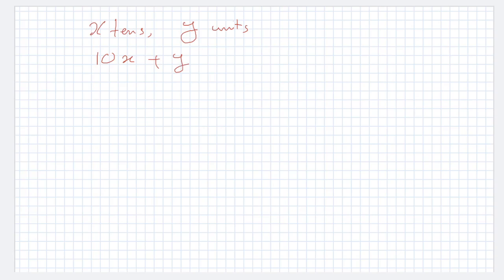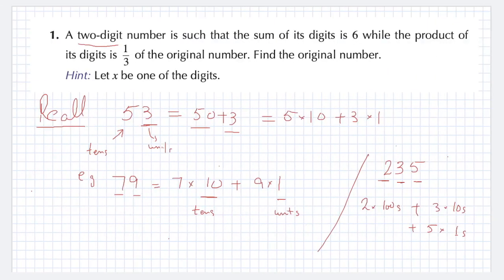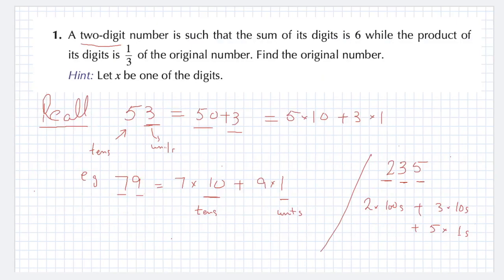We don't need to write y times 1, y is enough. So it says the sum of the two digits is 6. That means x plus y is going to be 6. And the product of the two digits, x times y, is going to be 1/3 of the original number, 1/3 of 10x plus y.